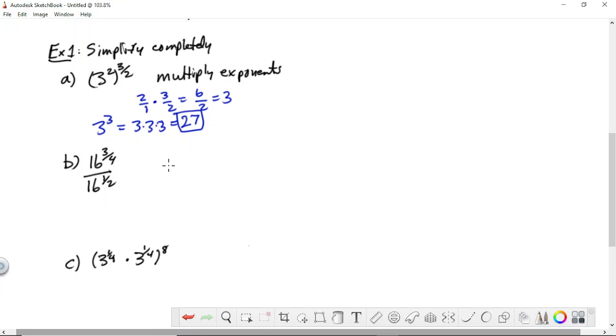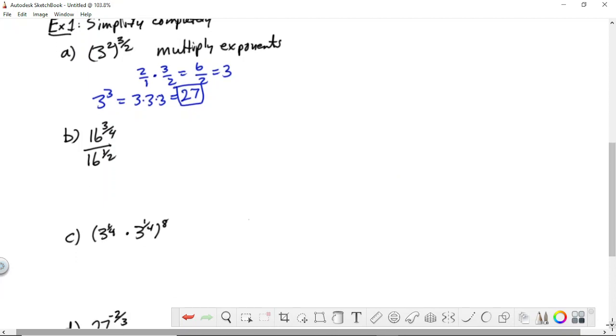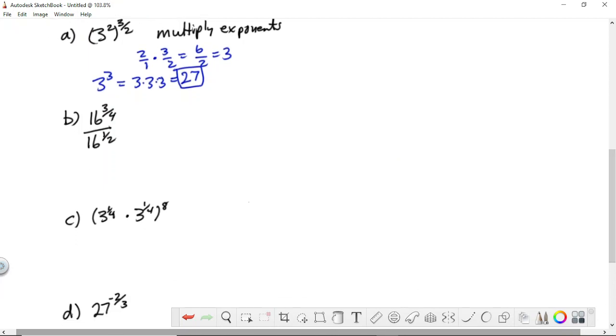Dividing. So, dividing, we will subtract exponents. This time they are fractions, so we have to subtract fractions. Not too bad.